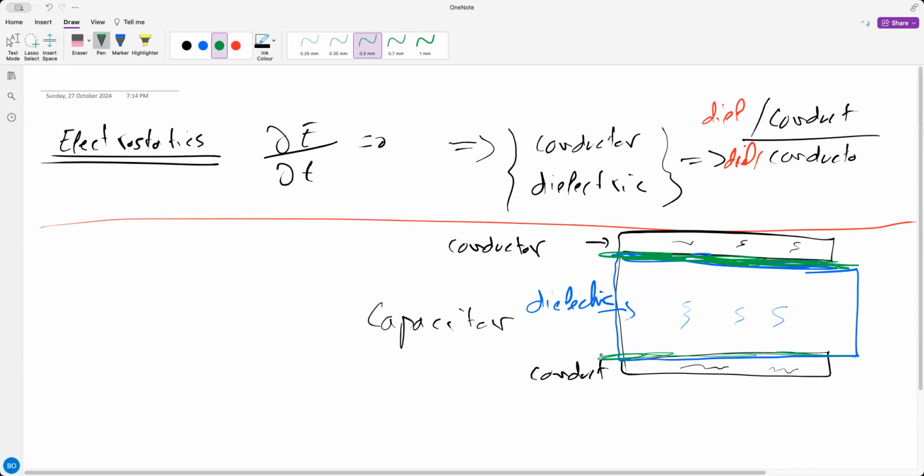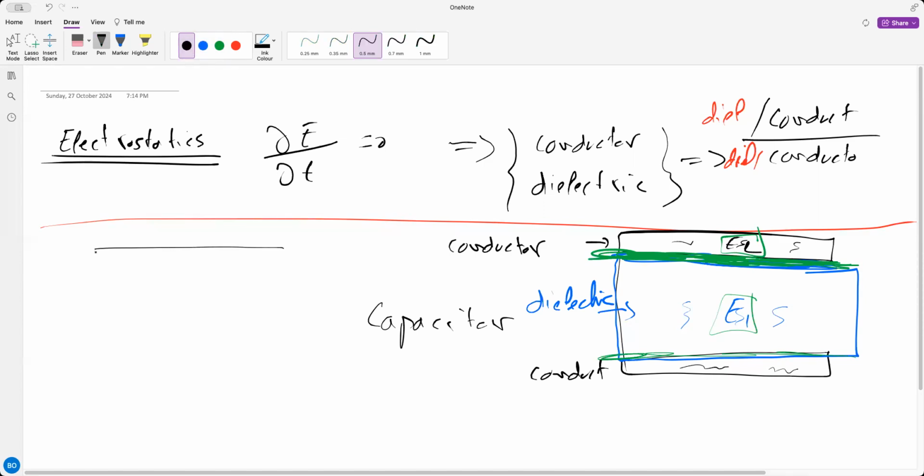I know there is an electric field here, I will call it E1, and I know that there is an electric field here, E2, but can I find the electric field exactly at the boundaries if I know E1 and E2? Because this is very important, at the boundaries.